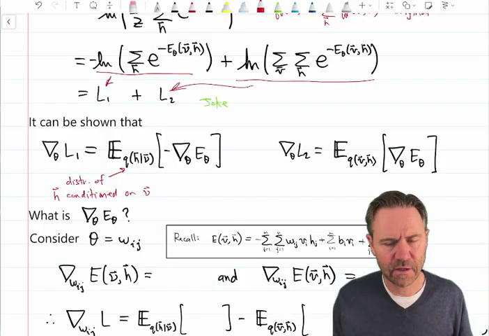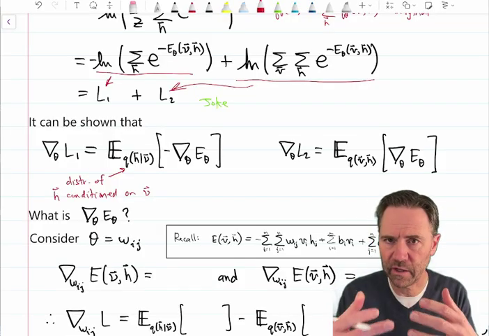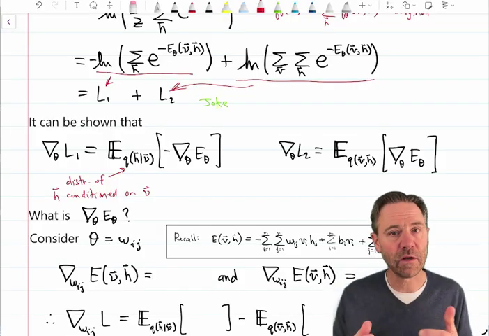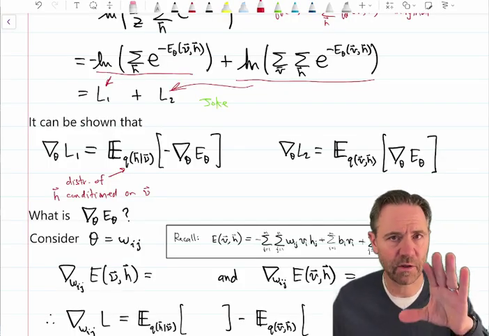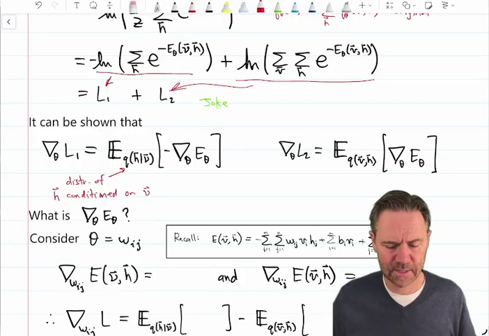So we fix the visibles to whatever the input is that we're given, and then we want to evaluate the expected value of that gradient. We'll evaluate the gradient of E in a minute.